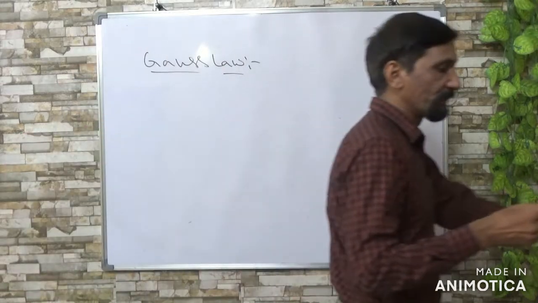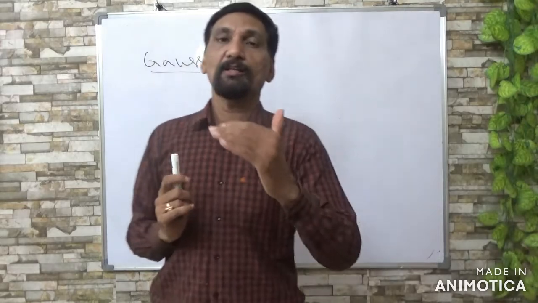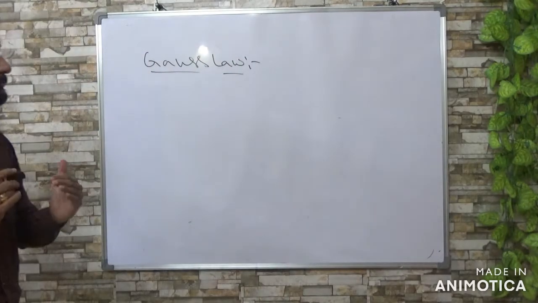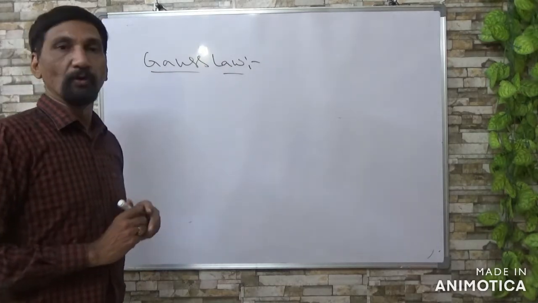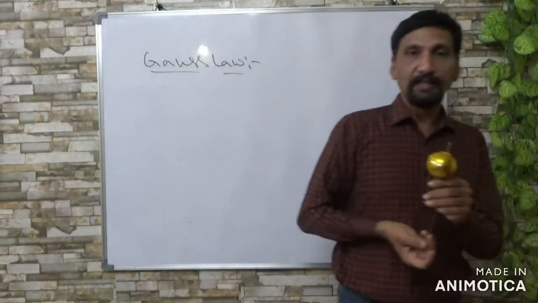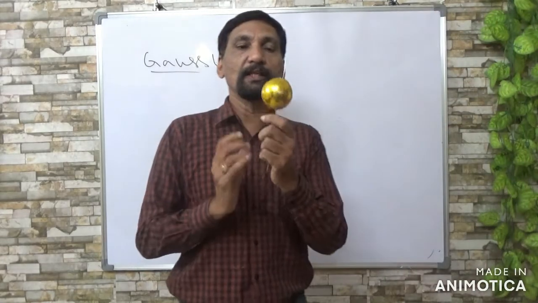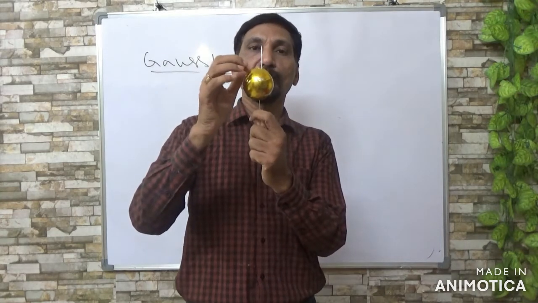So for these varying electric and magnetic fields, we find electric field strength using Gauss law. In order to know about Gauss law, let us take one example. Suppose there is one point charge, Q is the charge on it.